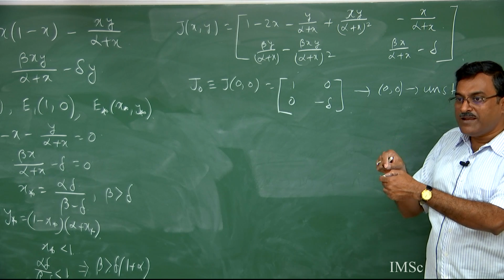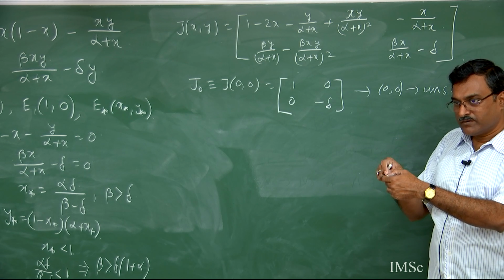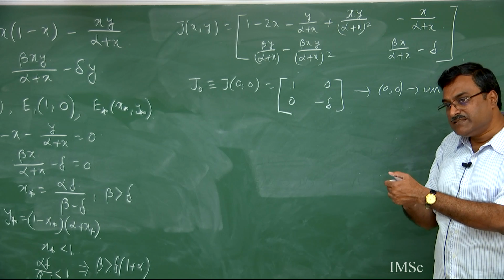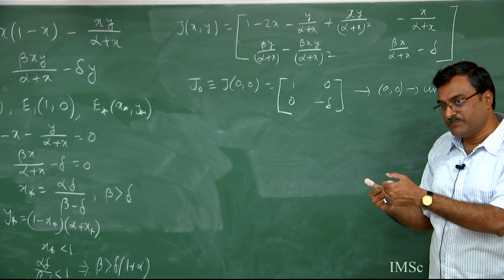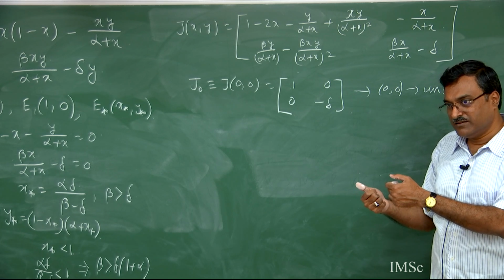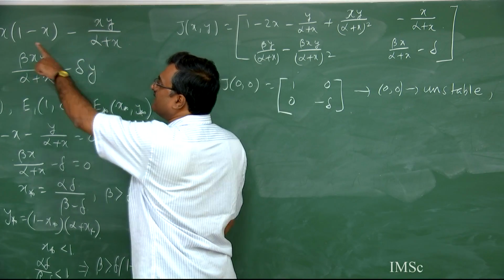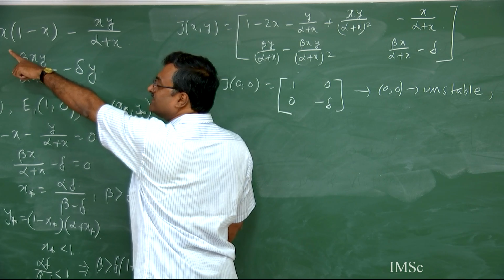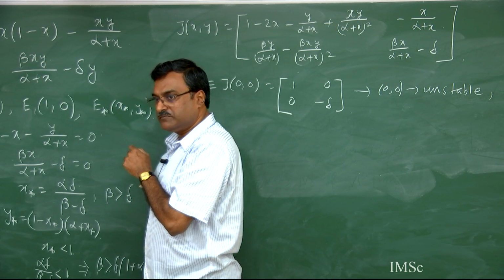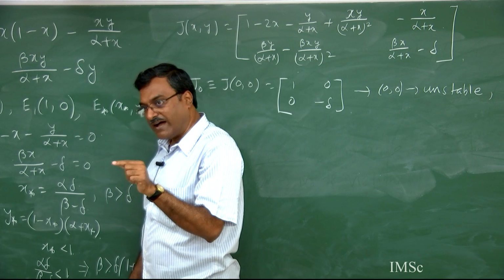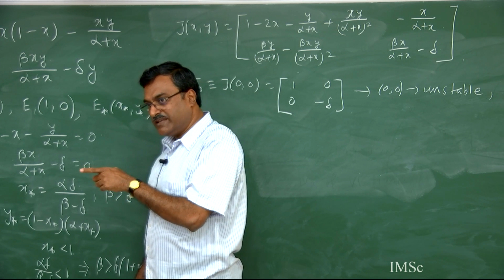But if you start from any point on the x axis, it will be moving away from the origin, and this is in accordance with the model under consideration, because if the predator is absent, then this is the simplest logistic model for prey population growth, and you know for prey population growth 0 is unstable, (1, 0) is the stable equilibrium.